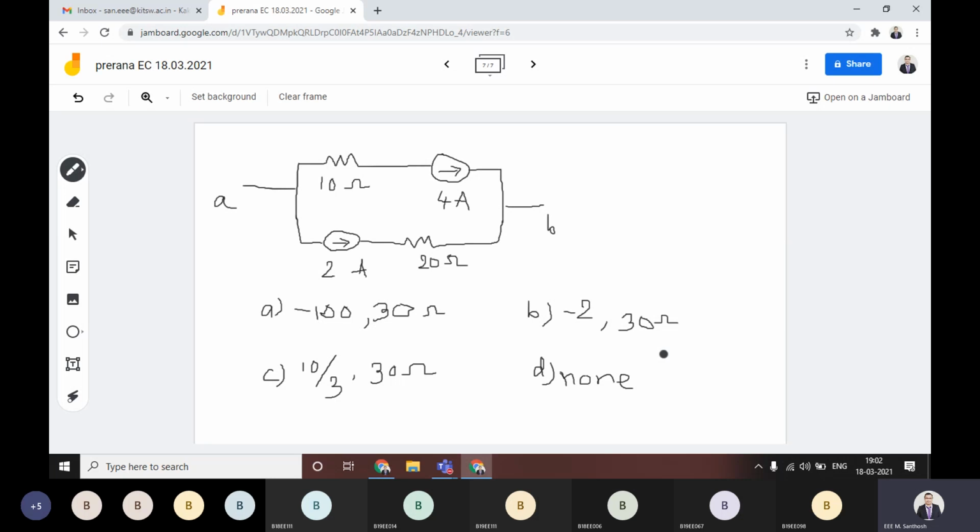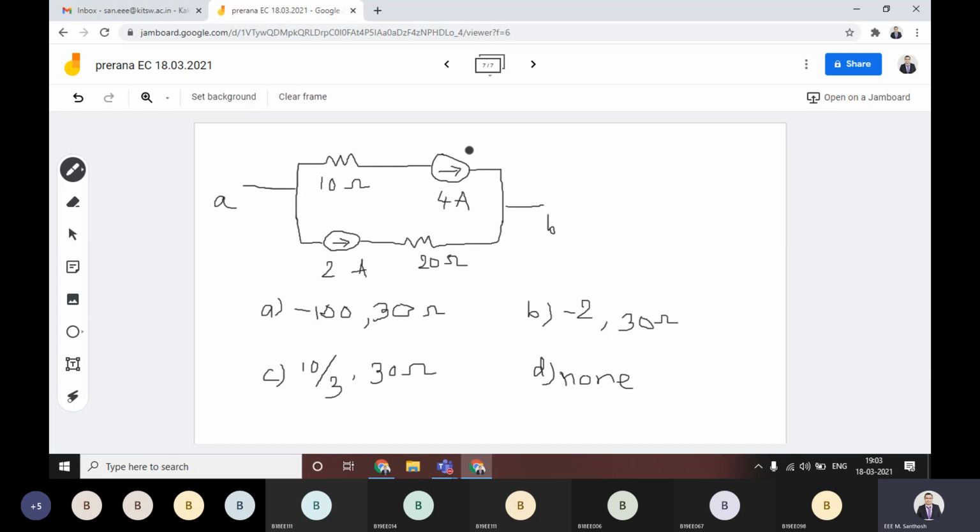Very good. That way and another way. Tell me. You're telling R equivalent 20 by 3. We won't get here. Why? Because we don't know the voltage across this ammeter.